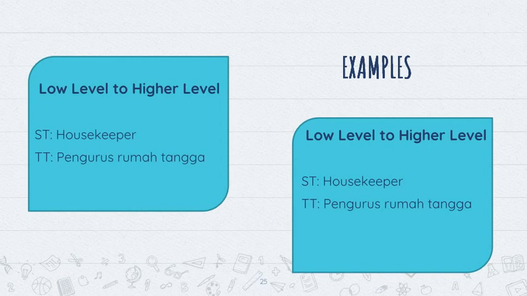Next is the high level to lower level. For the example, the ST ultimate betrayal and the TT pengkhianatan. From the example, it is translated from high level to lower level, which is the opposite of low level to higher level.